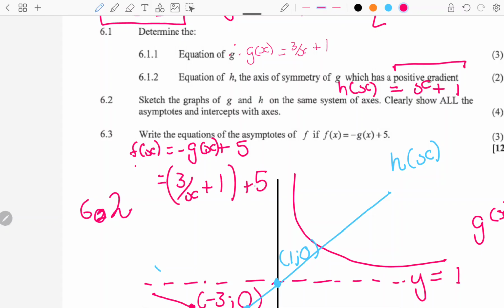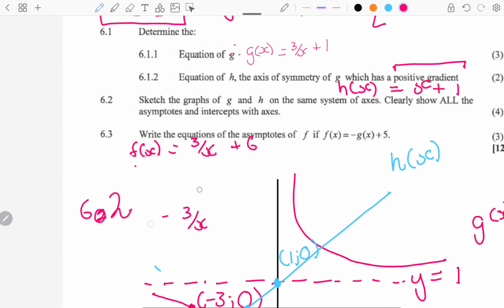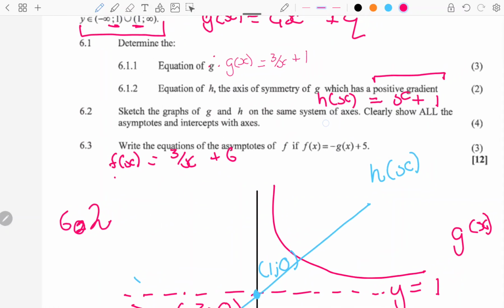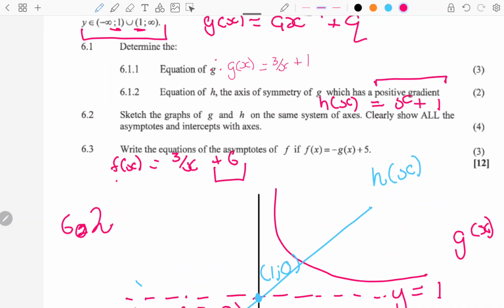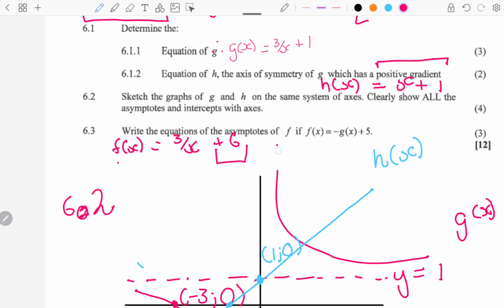We add 5 to that, which will be 3 over x plus 6. Therefore, f of x is equal to 3 over x plus 6. This means the asymptote of f of x will be y is equal to 6.